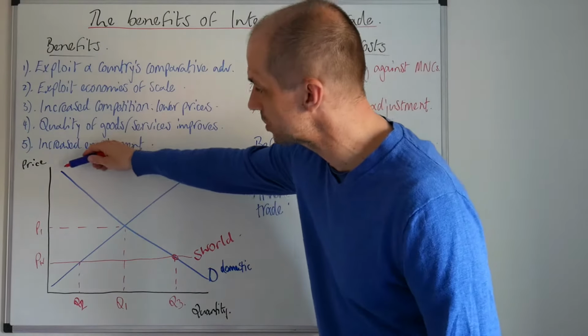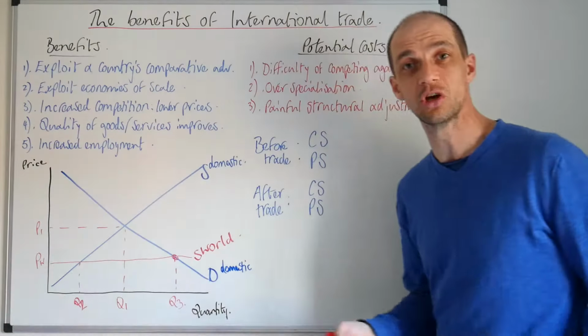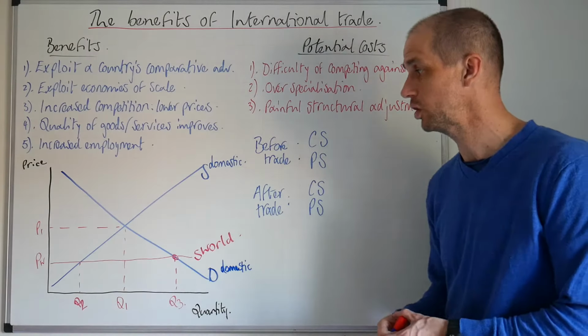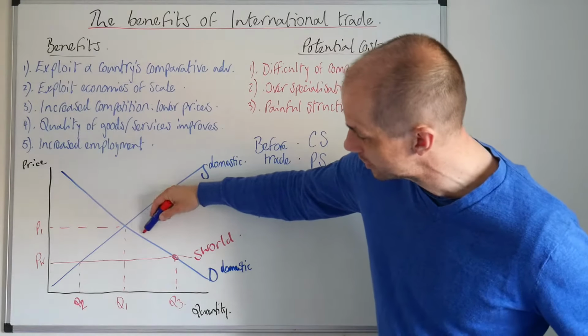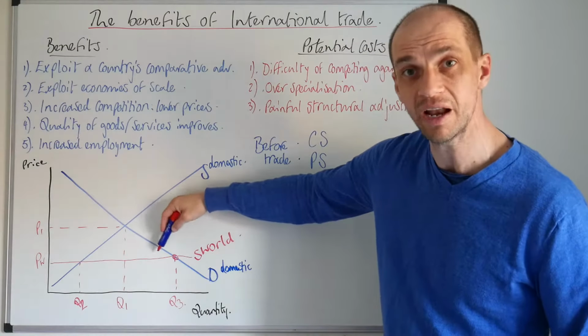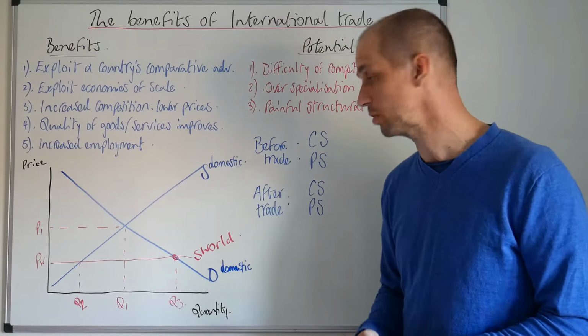As a consequence, the increase in consumer surplus is absolutely huge. So we were here, but now all of these consumers can suddenly benefit from that given good, which is available so much more cheaply.